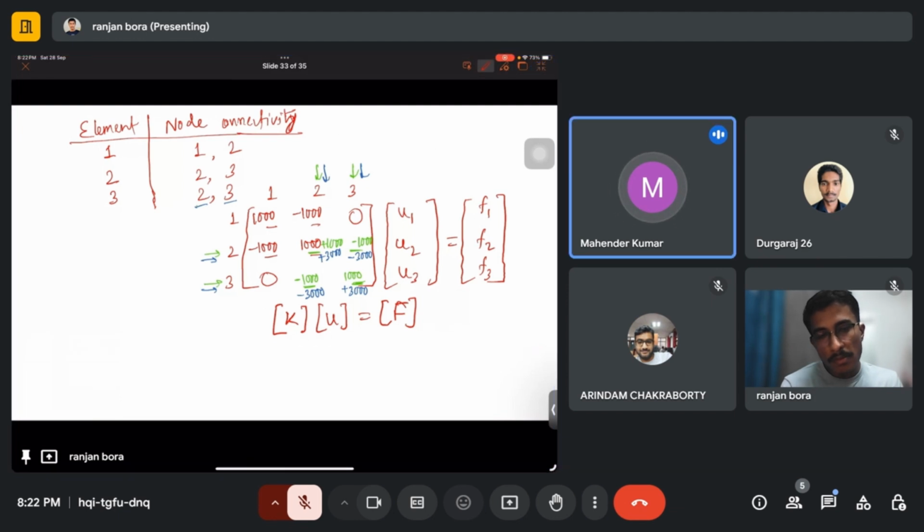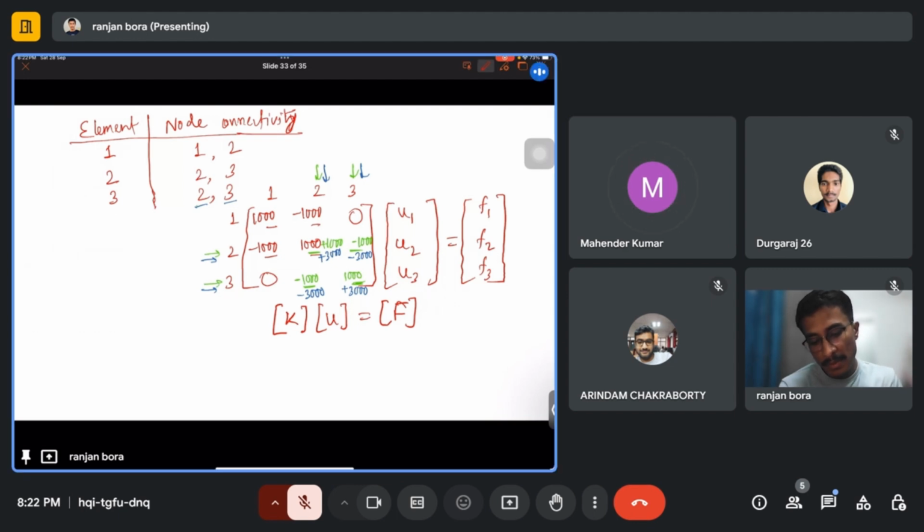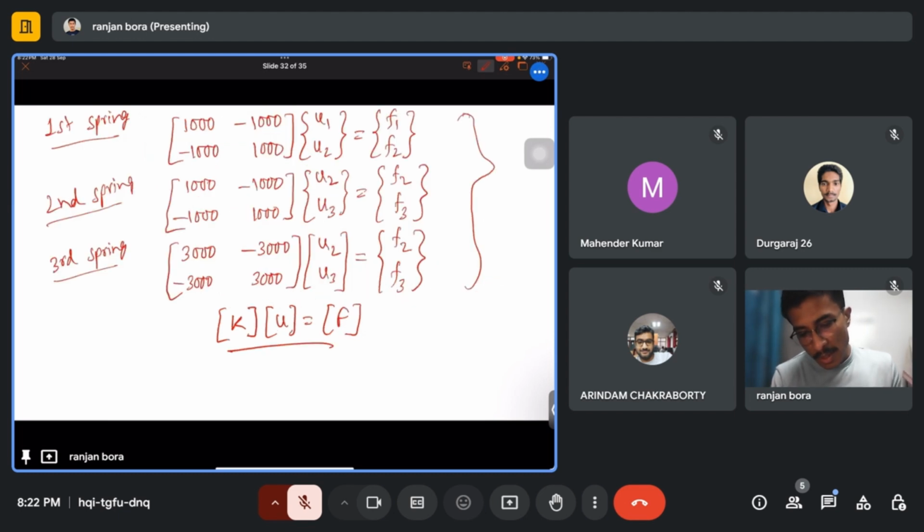Sir, could you explain how we combine this equation? This stiffness matrix. Yes, 2 and 3. This is the global stiffness matrix, and in the global stiffness matrix we assemble the element level stiffness matrices, k1, k2, and k3.